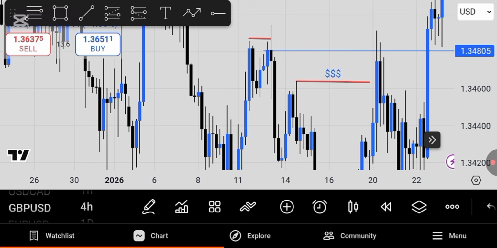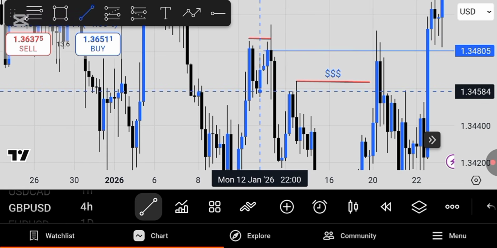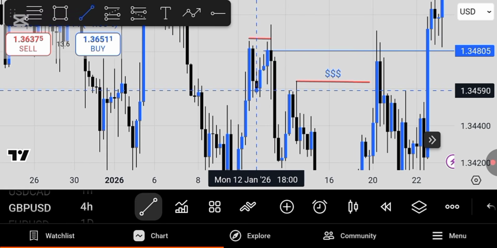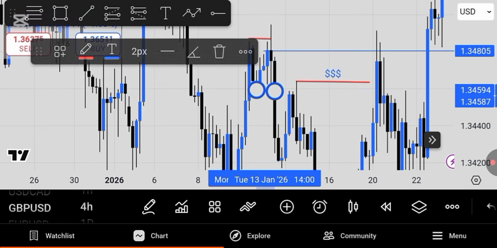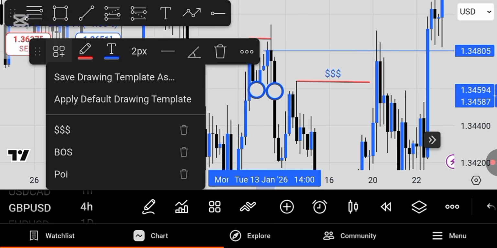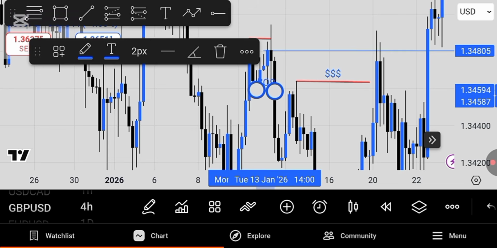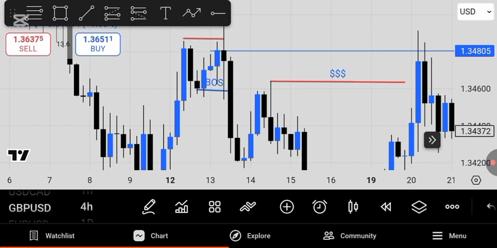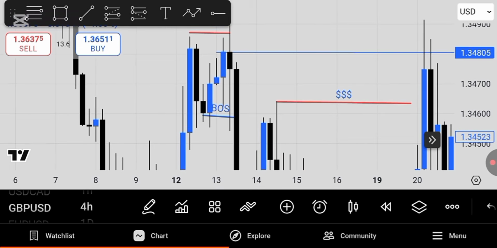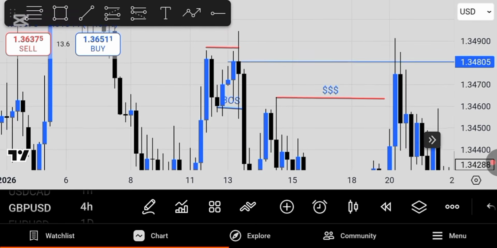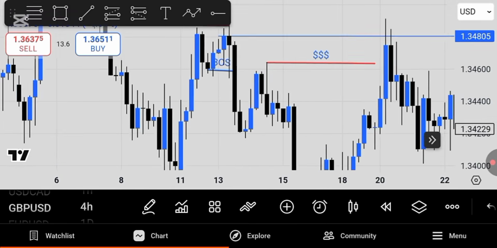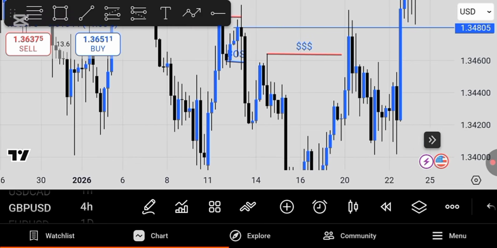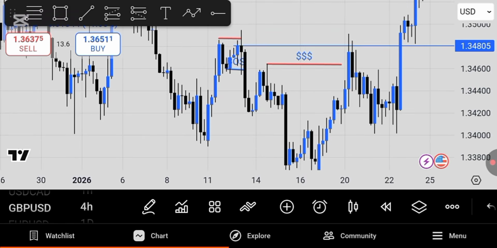Last but not the least, we had our break of structure here. Can you see? These are the necessary things we must have to see before a POI should be set as valid.